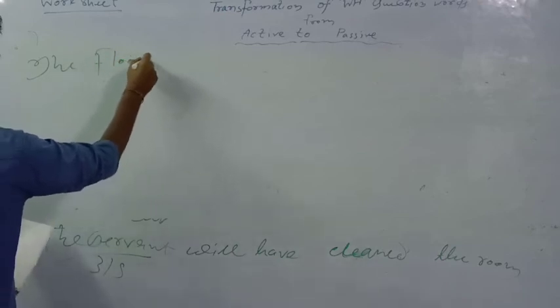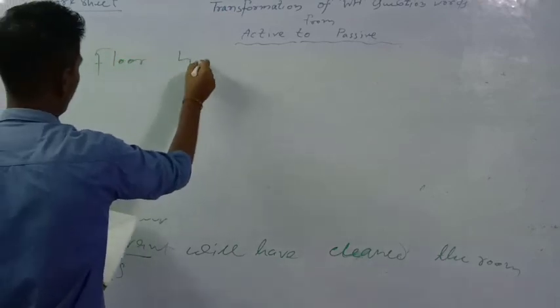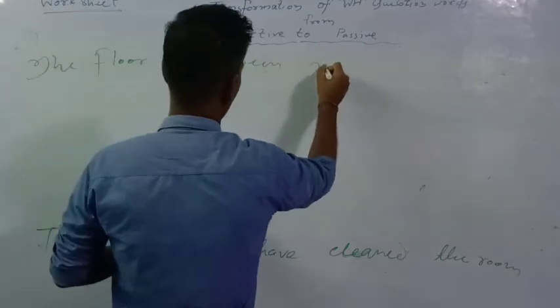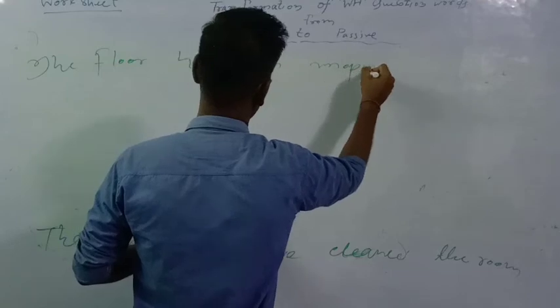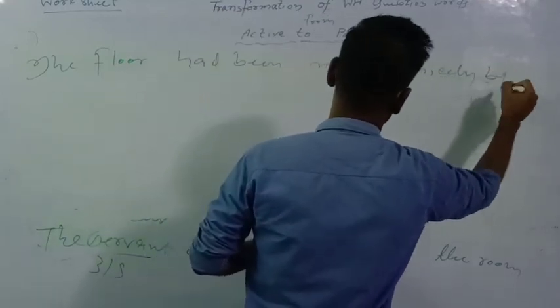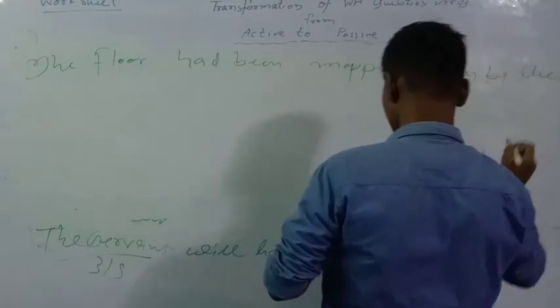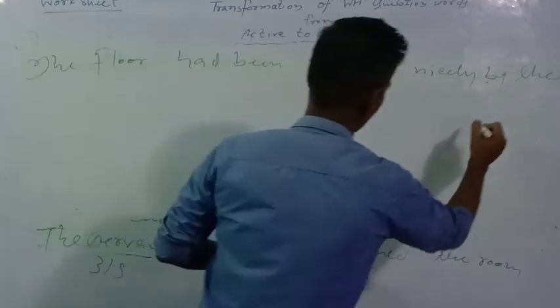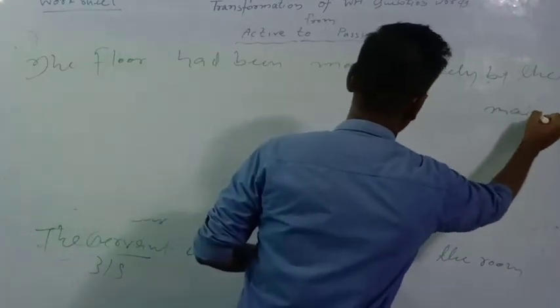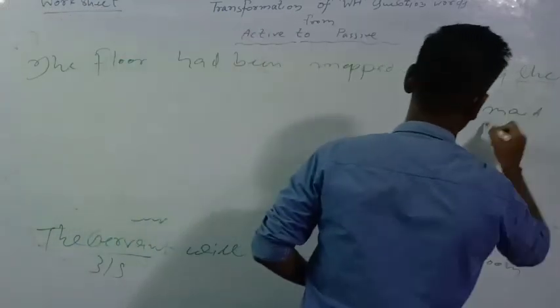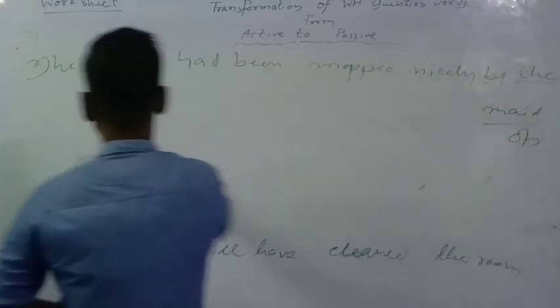Okay, the floor had been mopped nicely by the maid. The maid is the object, the floor is the subject. Mopped is V3, so change it. The maid will go here, then the floor.